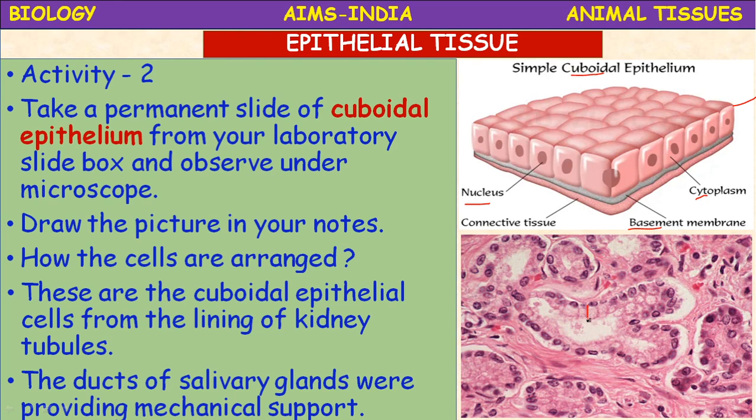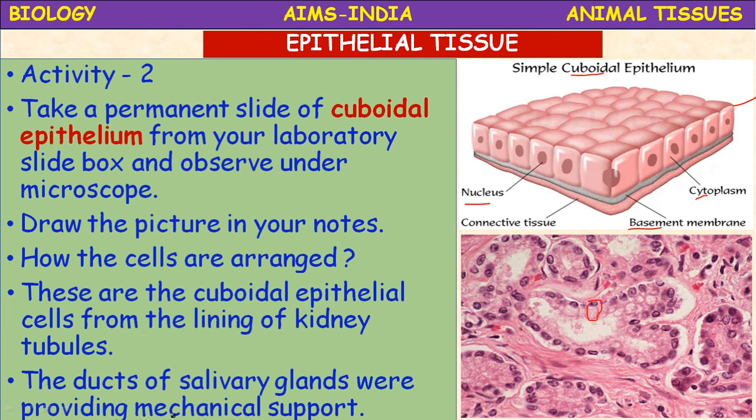Each cell has a cuboid-like shape. The cuboidal epithelium is composed of cube-like cells. It is commonly found in ducts of glands, salivary glands, and tubular parts of nephrons in kidneys.